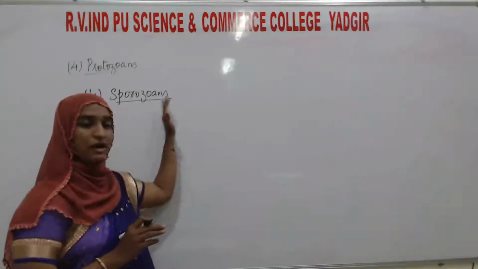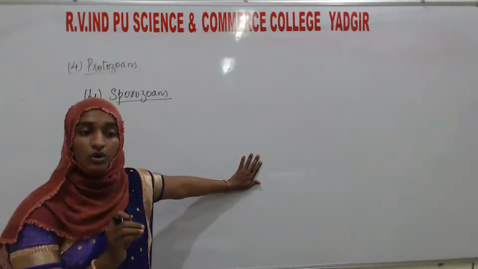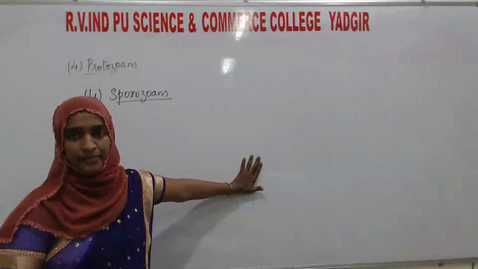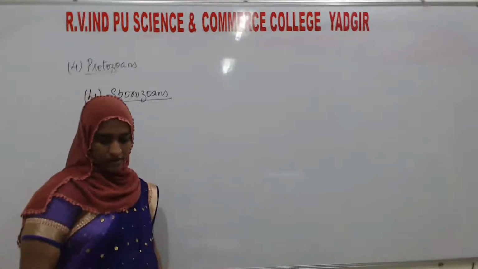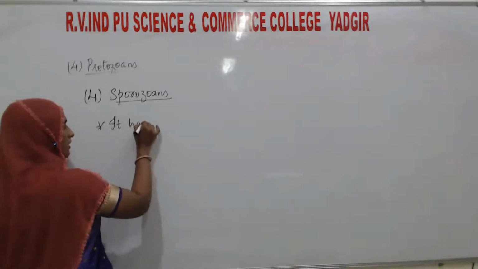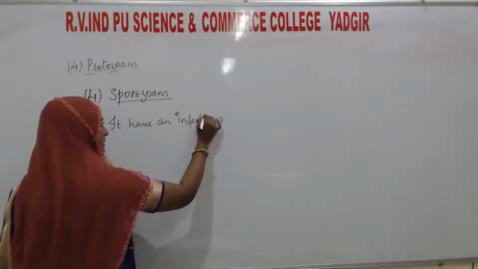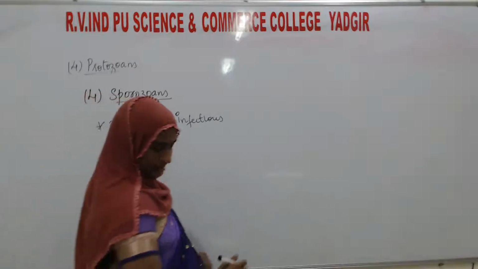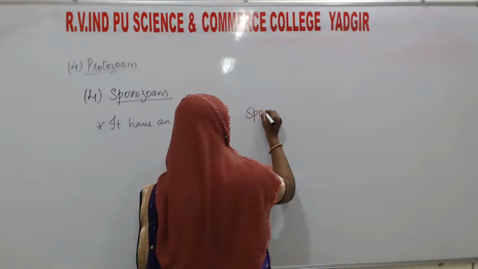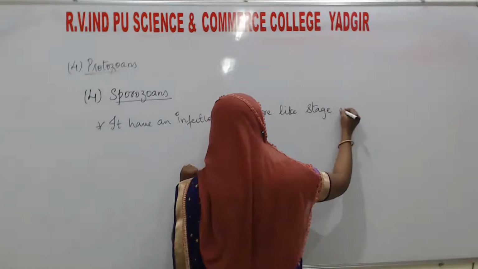If the sporozoans are present in any animal body, when it attains the spore stage during their life cycle, it can cause diseases. See here, it has an infectious, spore-like stage in their life cycle.